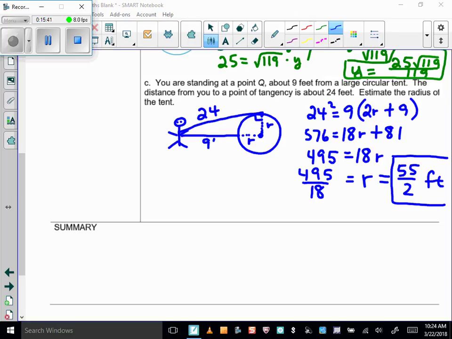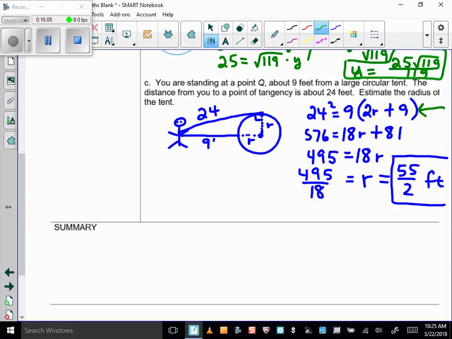Okay, did you get that the radius is 55 halves? Or if you wanted to make that a mixed number, 22.5 feet. If you did, great. If you didn't, I want you to see if you can figure out why. But I also want you to see, if you did get this answer, if you did it like I did here.